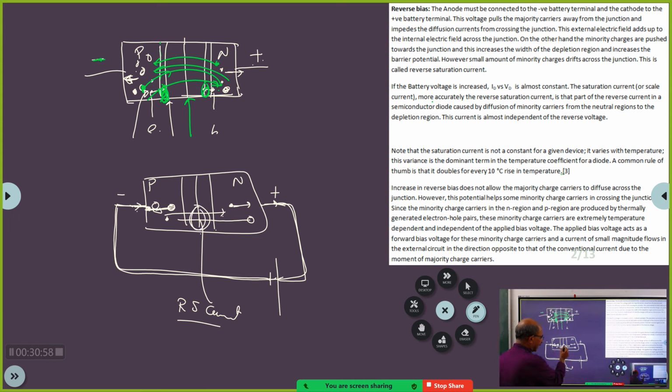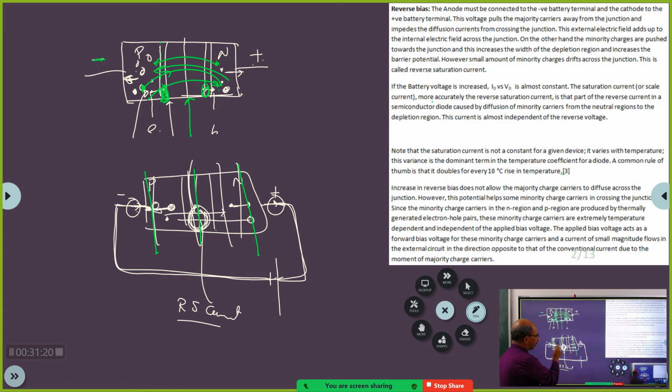See, this current is diffusion current here, and the current here is diffusion. The magnitude of this current, this current, this current must be the same. The magnitude of the current at any point is the same. Only the components will be different. Here the main component will be diffusion. Here the main component will be drift.